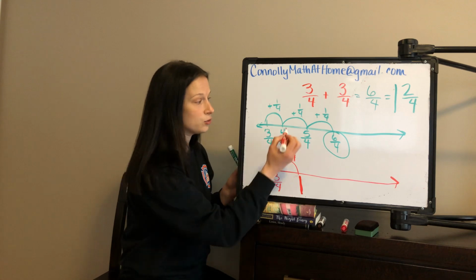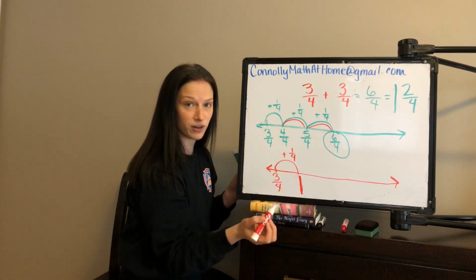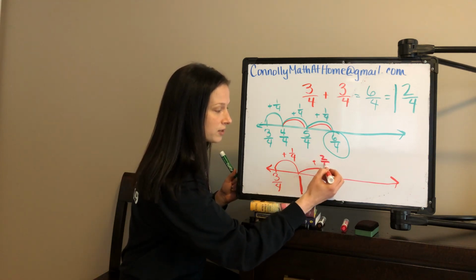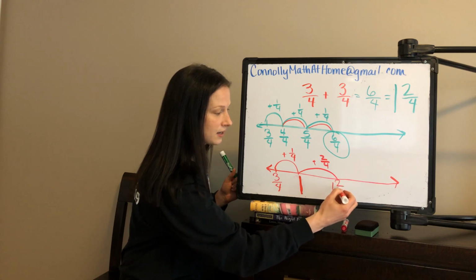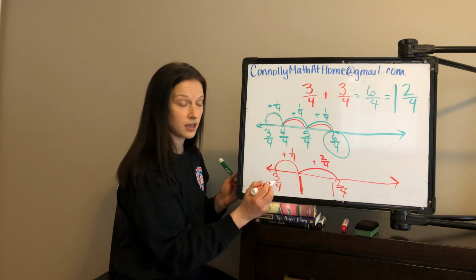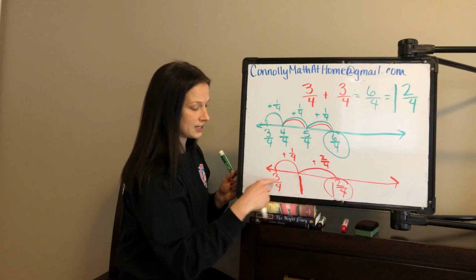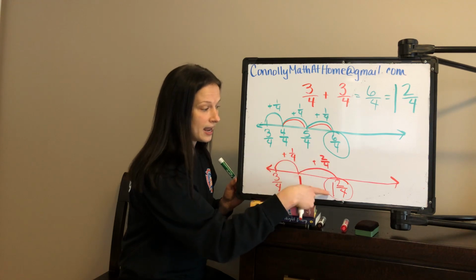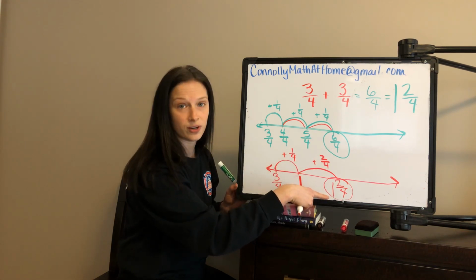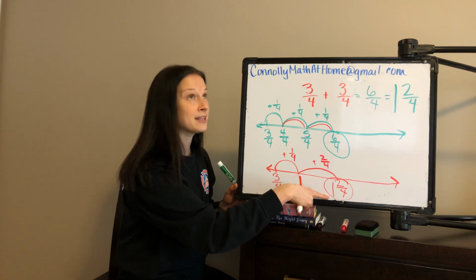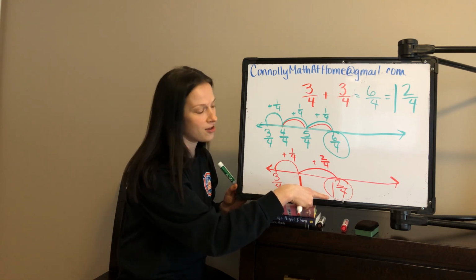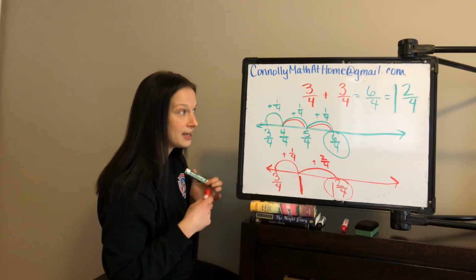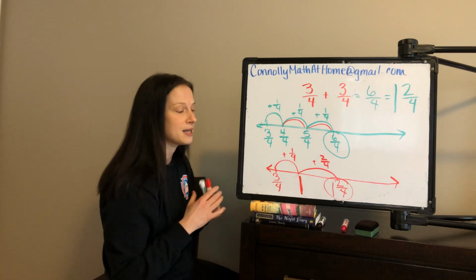Then from there you can do a jump of 1/4 and a jump of 1/4, or if you want, you can add the other 2/4 all at once and end up with 1 2/4. So I still see that I started with 3/4. I still see the 3/4 that I added, and I still see my answer here, 1 2/4. Okay? Math is so much fun because there's so many different ways to solve and think about things. So just wanted to put that on your radar. Okay? So I'm going to do one more example, then I'm going to give you some examples to try on your own.